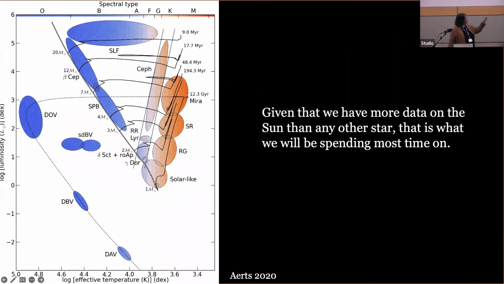Now, for stellar astrophysicists, this diagram is a standard Hertzsprung-Russell diagram, temperature on the x-axis, luminosity on the y-axis, so how bright it is. All the colored hashed regions are pulsating stars of different kinds.